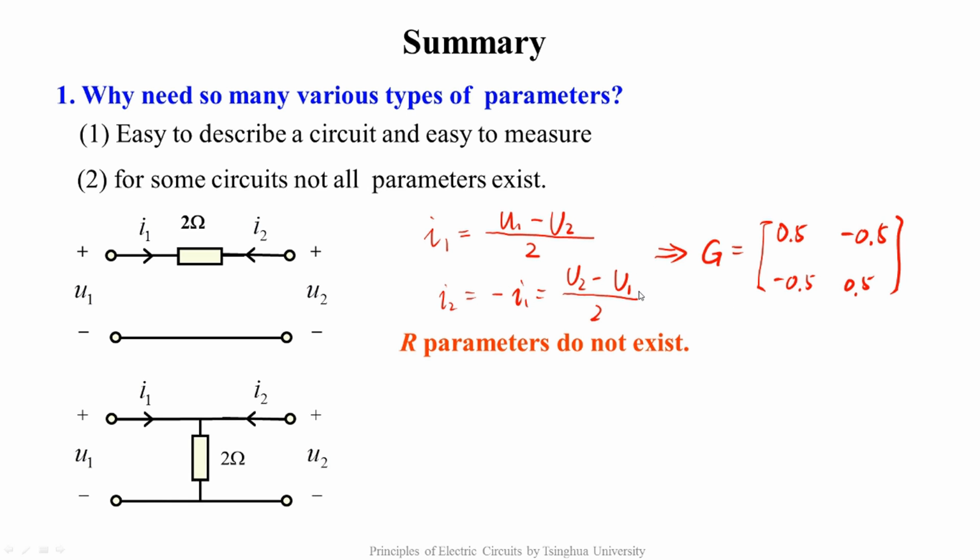For this two-port, we can write out its R parameters. The voltage across the 2 ohm resistor equals U1 and equals U2 as well. So U1 equals (I1 plus I2) times 2, and U2 also equals (I1 plus I2) times 2.